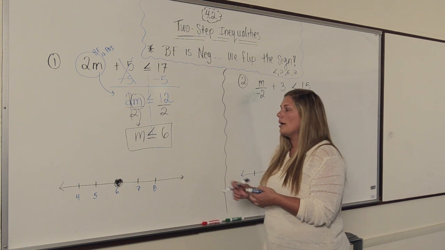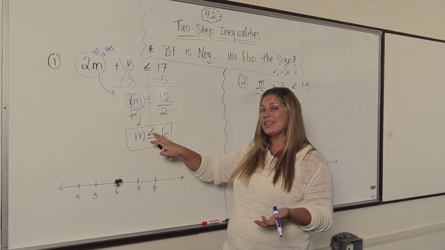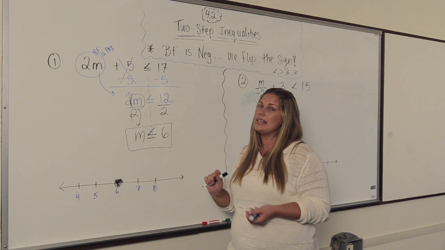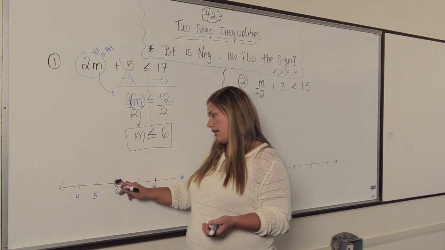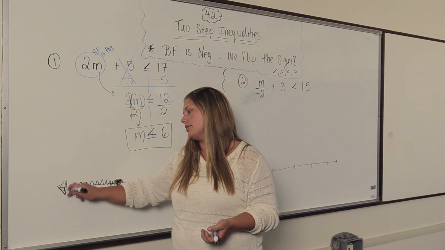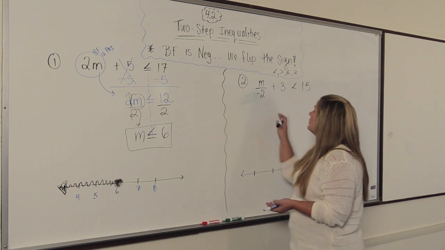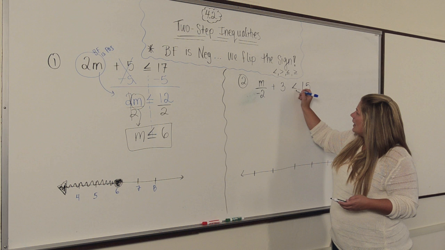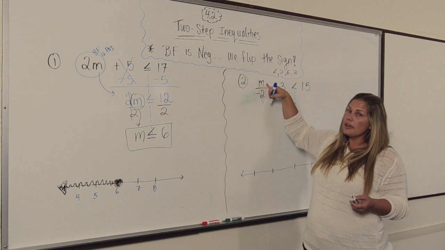Then all I care about is what can m equal. Well, if m is less than 6, what numbers are less than 6? 5, 4, 3, 2, 1, and all the numbers going to the left. So now with this one, it's the same type of problem. I have my variable.